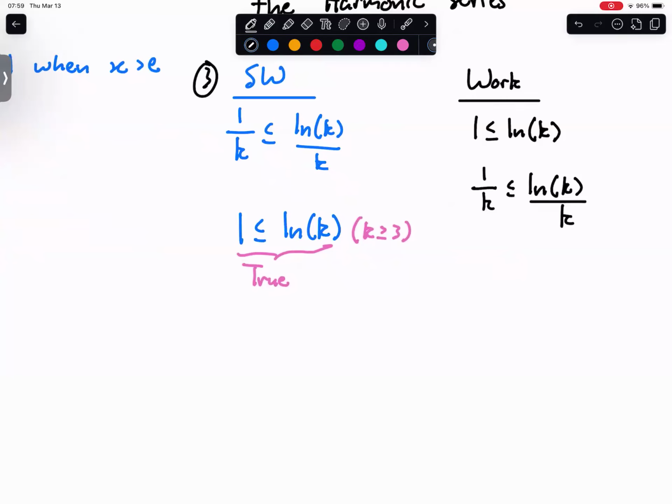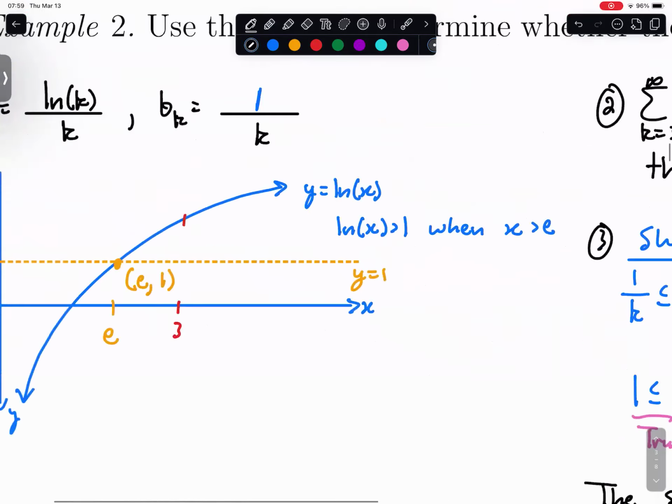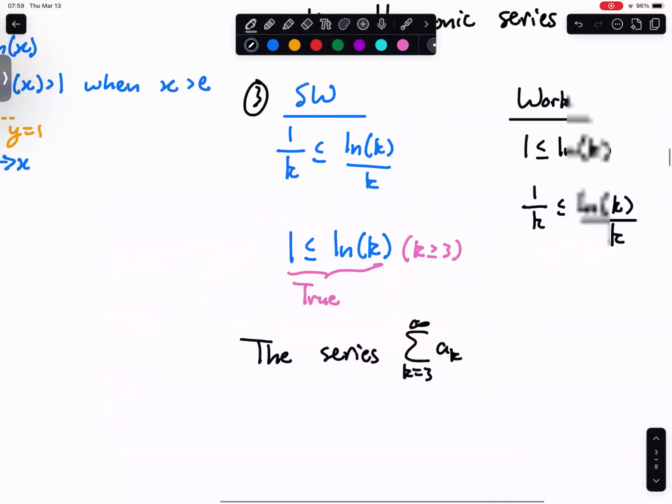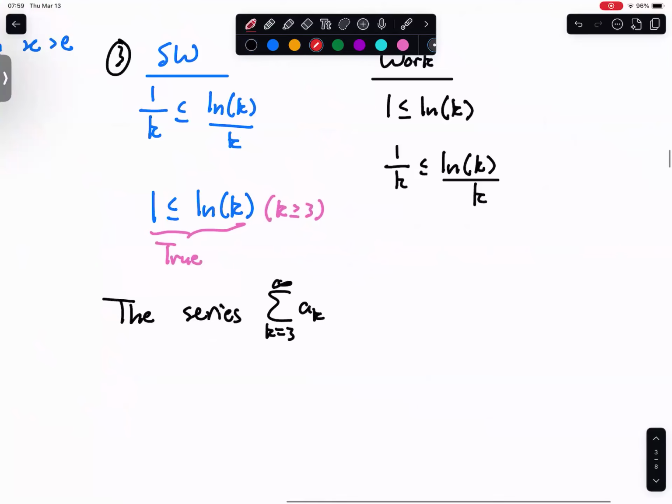The series sum from k equals 3 to infinity of a of k, where again, I defined a of k earlier, I already know what a of k is because I gave it a name. I now know this diverges, and I know it diverges by the direct comparison test.